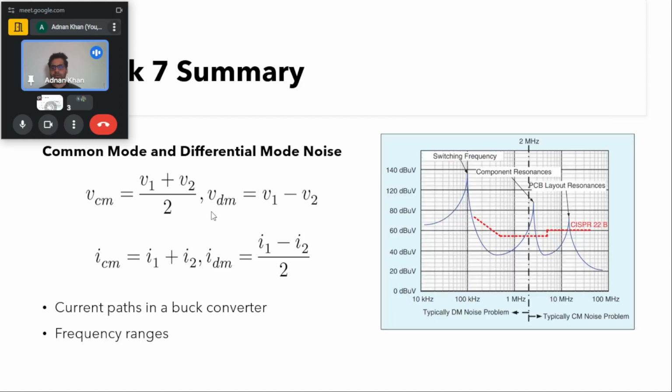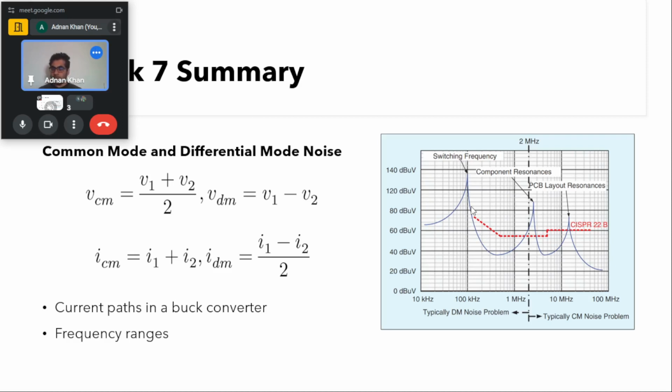So moving forward, we will see the different frequency ranges at which these components appear. Firstly, we have the switching frequency, which is usually in the kilohertz, hundreds of kilohertz range. After that, there will be some component resonance.